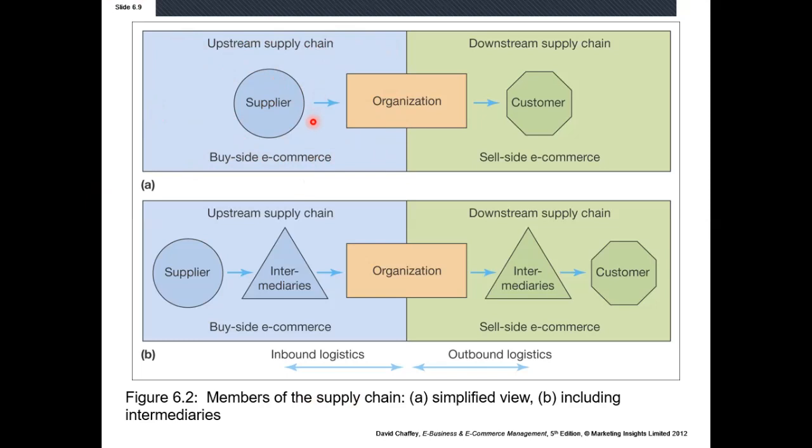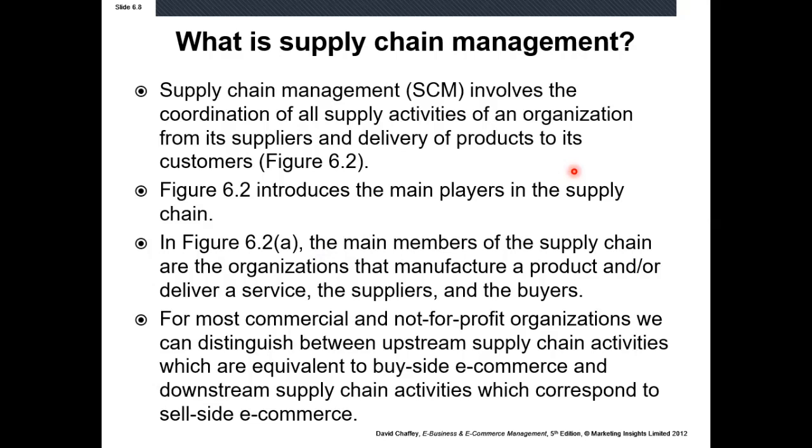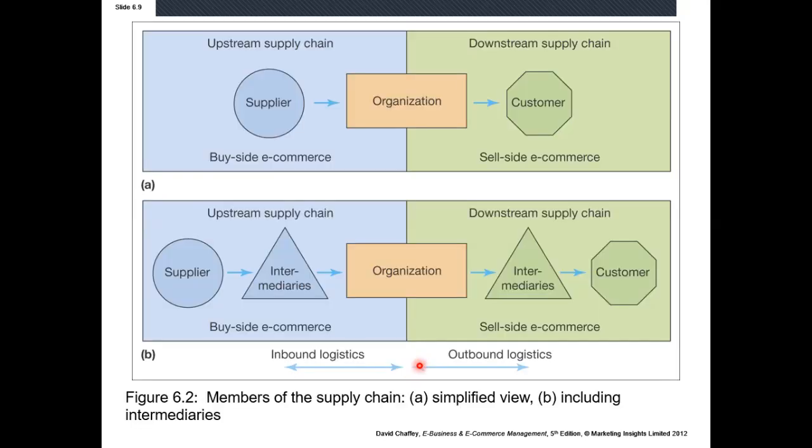We have talked about this concept when we talked about this in MIS as well, right? So this upstream supply chain is referred to as buy-side e-commerce, and the downstream supply chain, on the other hand, is referred to as sell-side e-commerce. That is what this point explains, right?